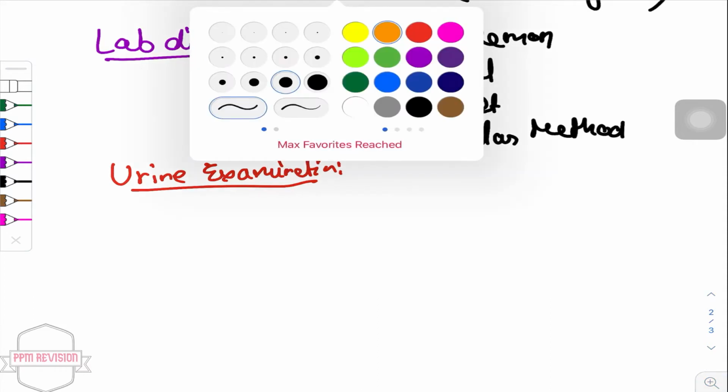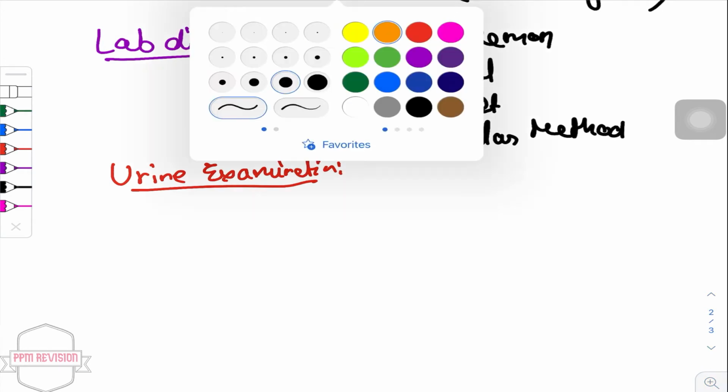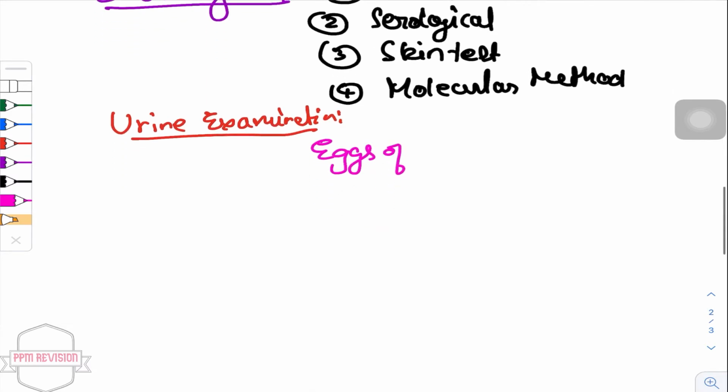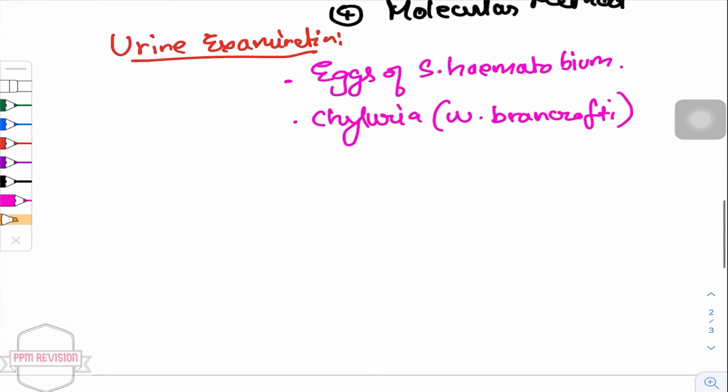Okay, so under urine examination, the specimens seen are eggs of S. haematobium, which may be demonstrated in urine, as well as in case of chyluria, and this is caused by Wuchereria bancrofti.